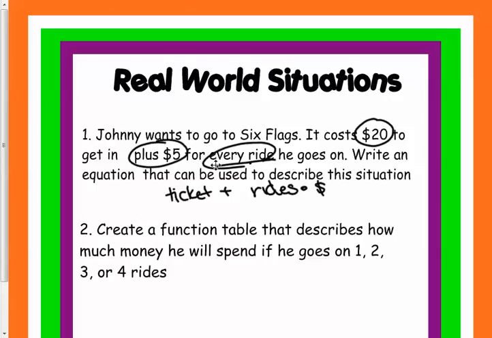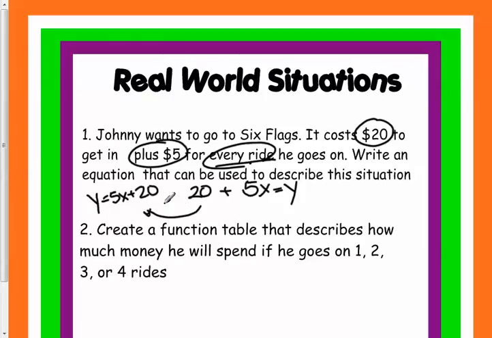Or 3 for $15, which is really 3 times 5. So for the tickets, we're plugging in 20. For the rides, we are plugging in $5, but we don't know how many rides. So it's 20 plus 5x equals, or excuse me, our y. So y equals 5x plus 20 if we want to rewrite it.